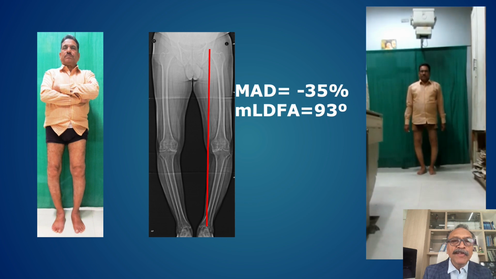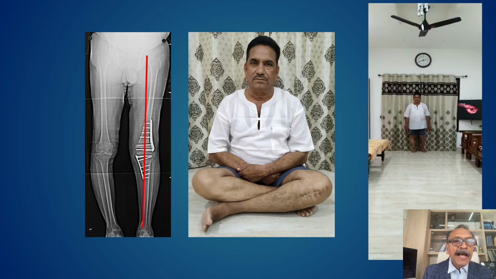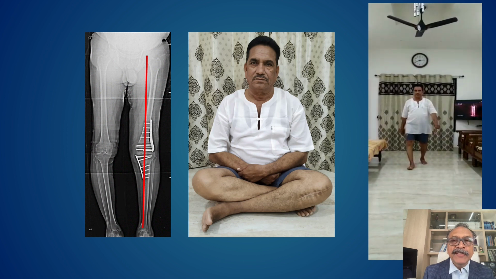So obviously he was a candidate for a femoral osteotomy, and this osteotomy, which I'll be talking about soon, in the tibia, which corrected his axis nicely to neutral, and it has given him complete relief of pain, and he's really doing well.